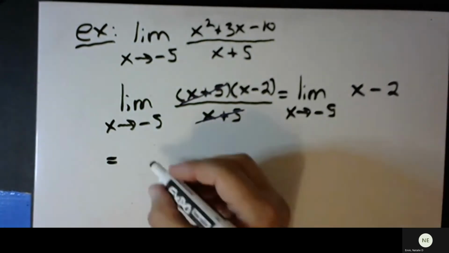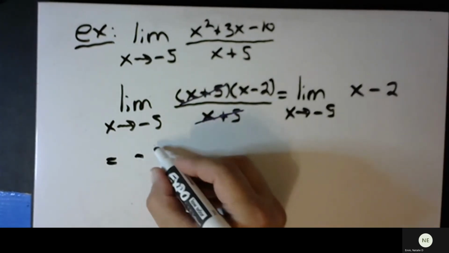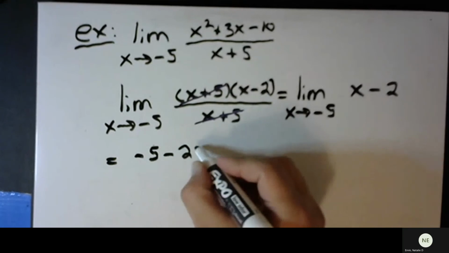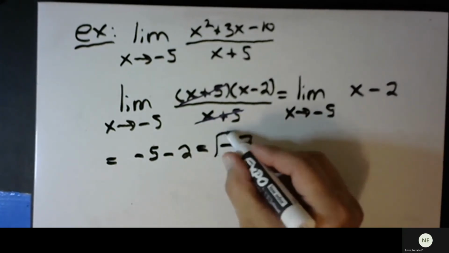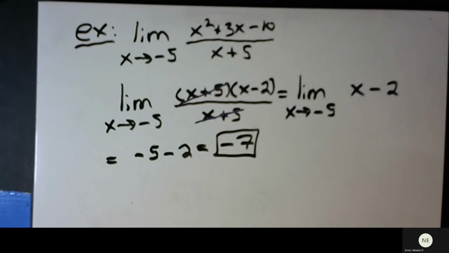So we've got our cancellation. We'll get -5 minus 2 or -7. And that's going to be our answer. Any questions about that?